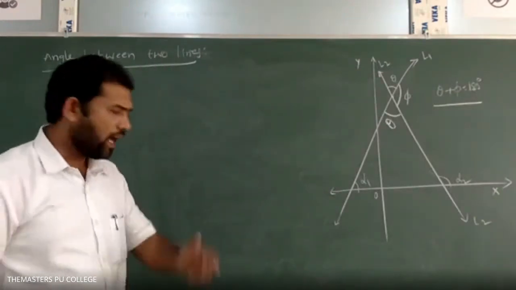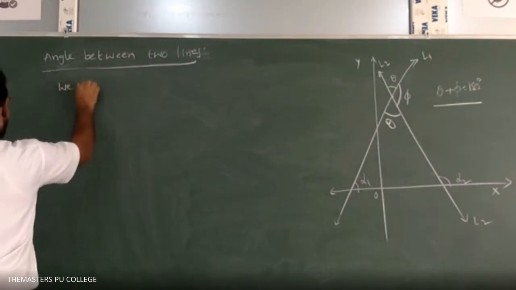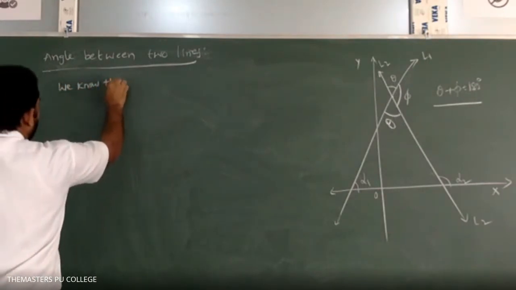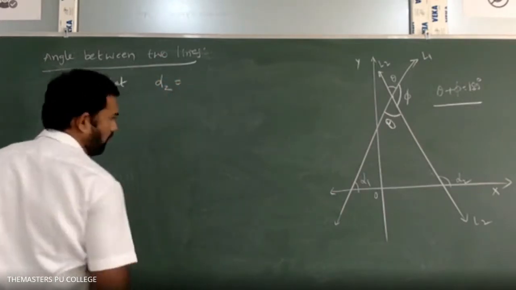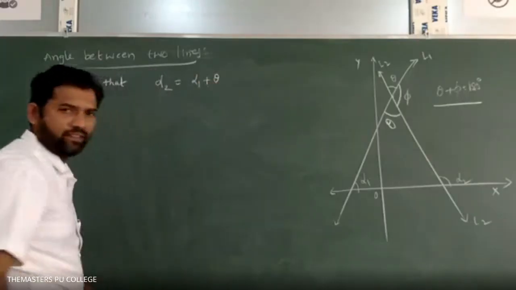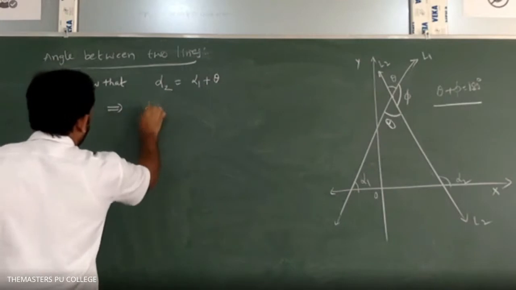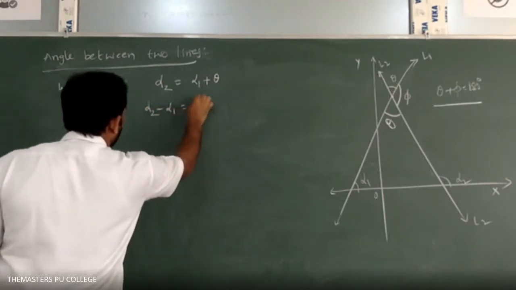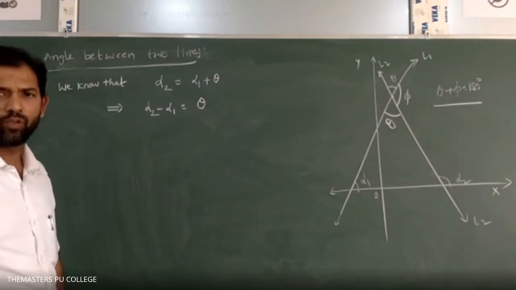We know that the exterior angle is equal to the sum of the interior angles. Alpha 2 is equal to alpha 1 plus theta. Now I will write again: alpha 2 minus alpha 1 is equal to theta, right?